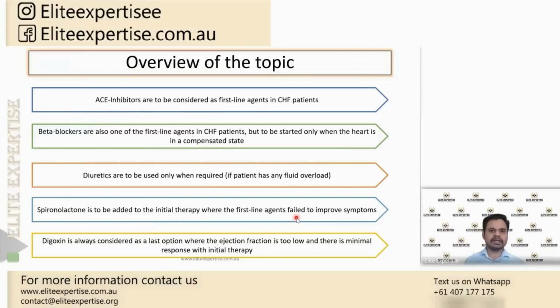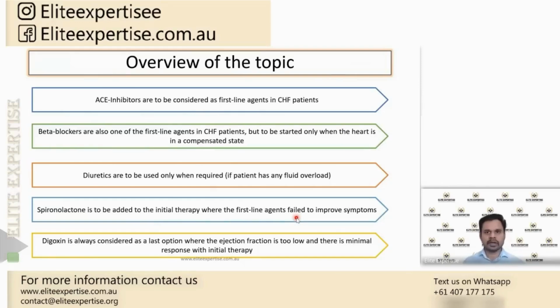So if they fail to show improvement in the symptoms, then we can put the patient on spironolactone. And digoxin is always considered as the last option, where the ejection fraction is too low or there is a minimal response with the initial therapy. Then only we need to put the patient on digoxin.